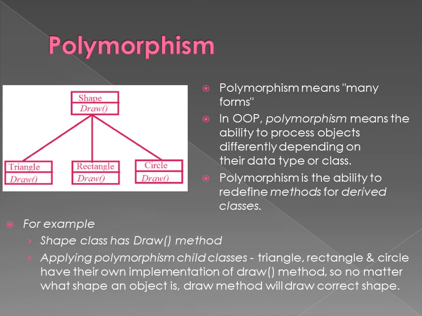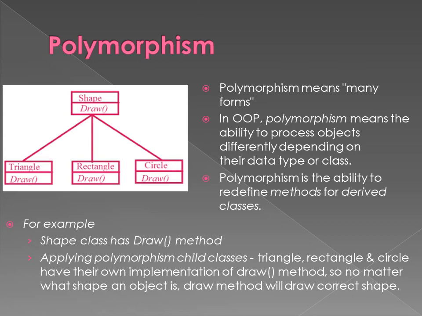And the shape class has a method called draw. Now, polymorphism enables a child class to redefine parent class methods, and so triangle, rectangle, and circle will have their own version of the draw method. So when the draw method of the rectangle class is called, it will draw a rectangle.